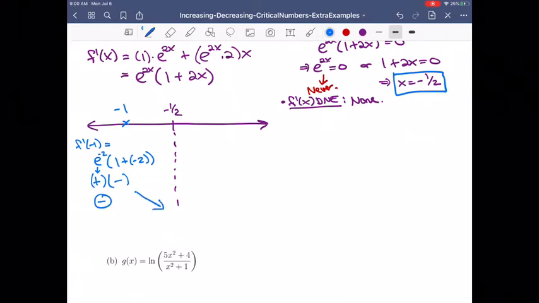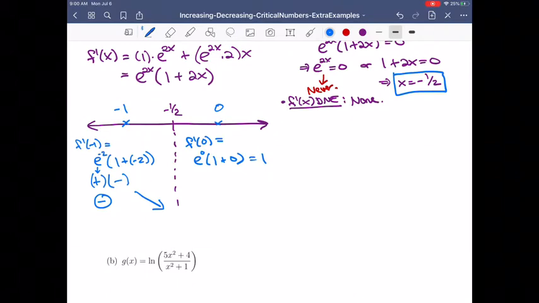Now something bigger than negative 1/2, say 0. If I plug that into the derivative, I get e to the 0 times 1 plus 0. You could actually compute this, it's just 1. E to the 0 is 1, and then times 1 is also 1. But you could say, okay, e to the 0 is positive, this factor is also positive, so I'm going to have a positive number.